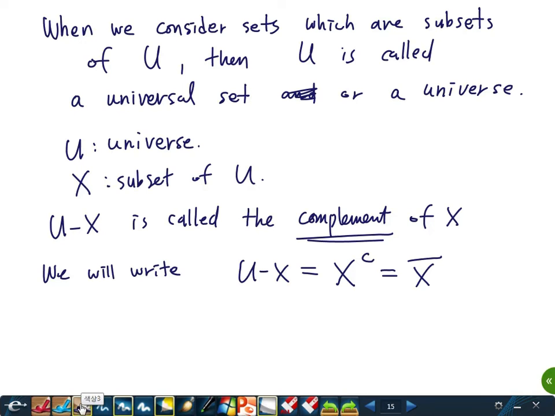All right, when you have a universe, there is a very useful way to visualize sets and elements called a Venn diagram.